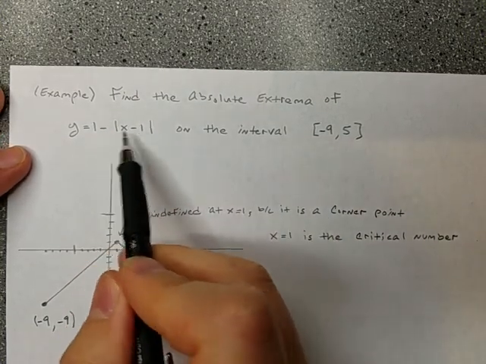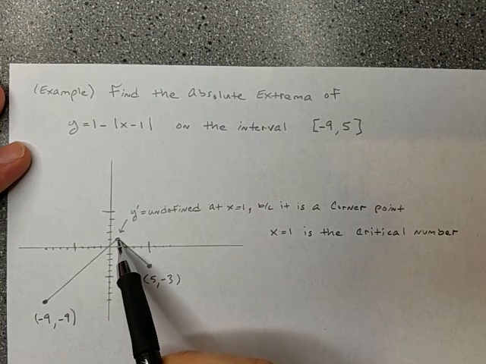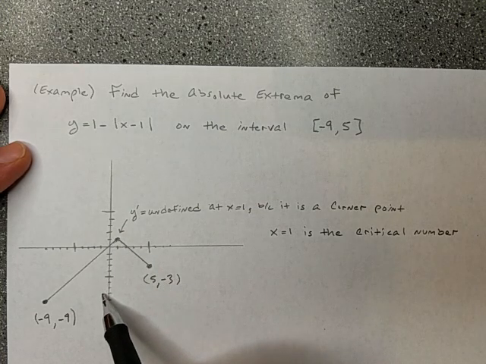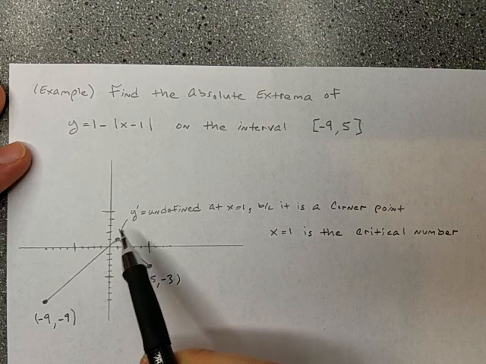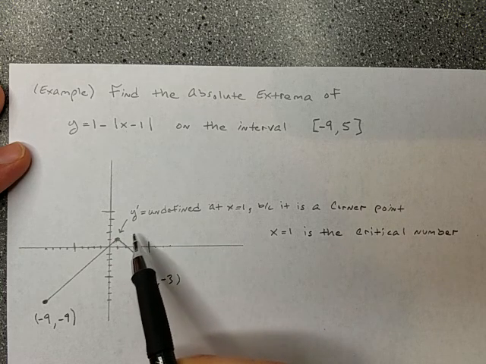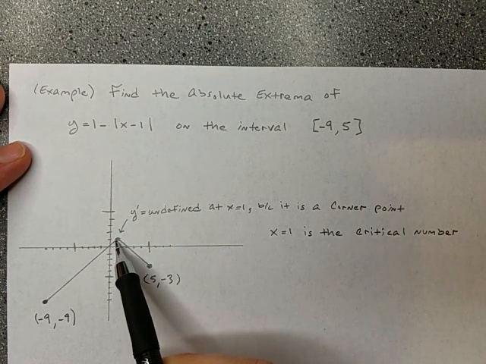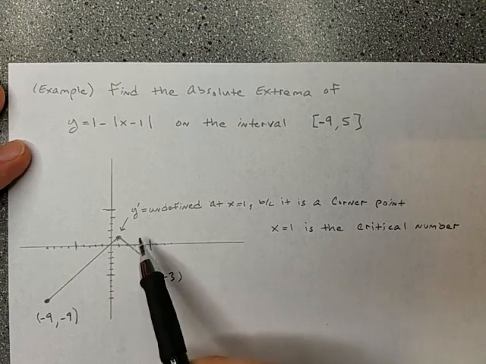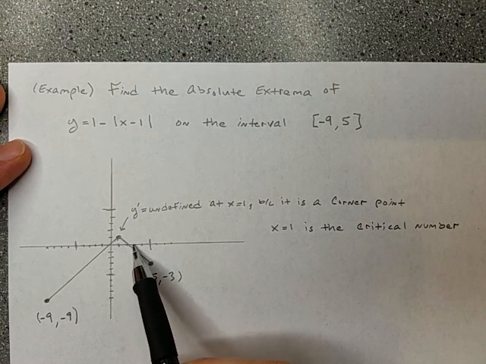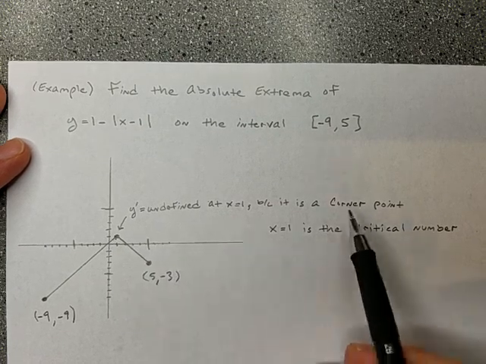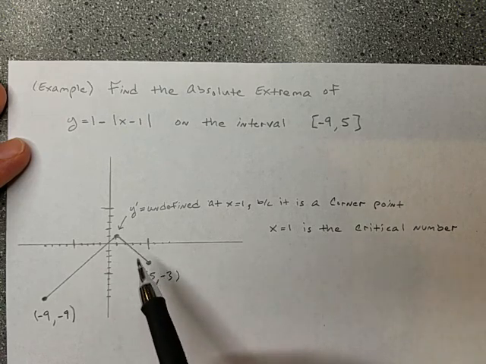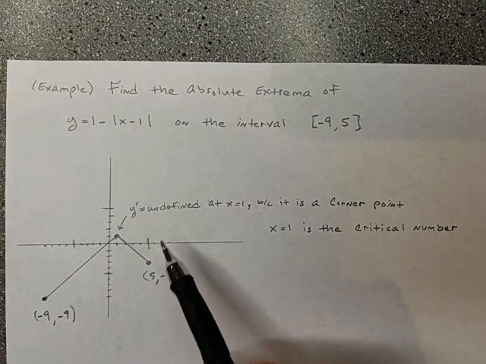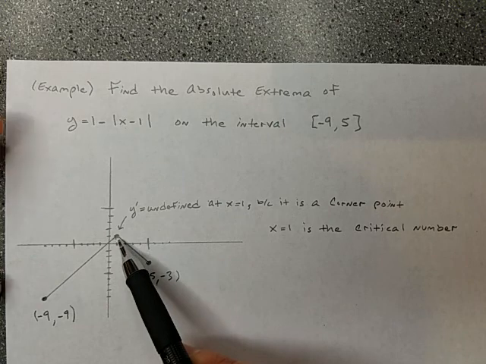I will tell you this, though. On the absolute value curve, there is a corner point, okay? So, at that corner, y prime is undefined. There's no way for me to tell you the slope there, or there's no way for anybody to tell the slope there because it's a corner. So that is a corner point. Any graph that has a corner point is going to have the derivative undefined at that point.